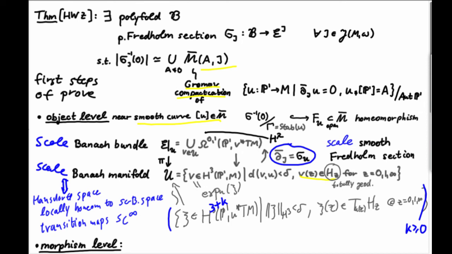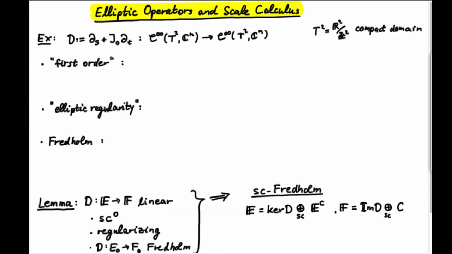When I first saw scale calculus, it was a moment of sitting in the back of a steamy lecture room, seeing all these crazy definitions and wondering what they are about. Reparameterizations didn't make a whole lot of sense to me then, but this was just like, oh my god, this is the right language to talk about elliptic operators.